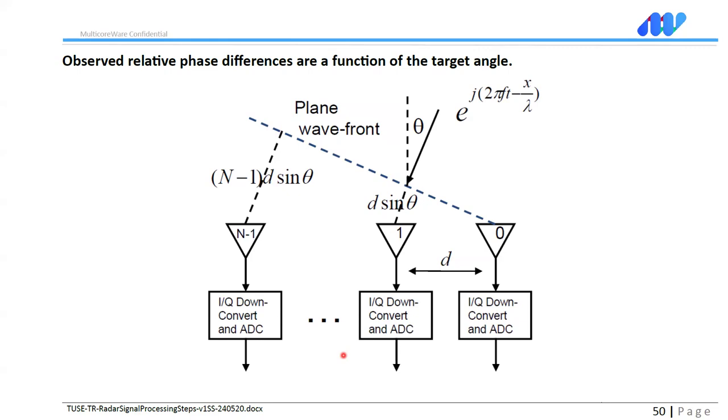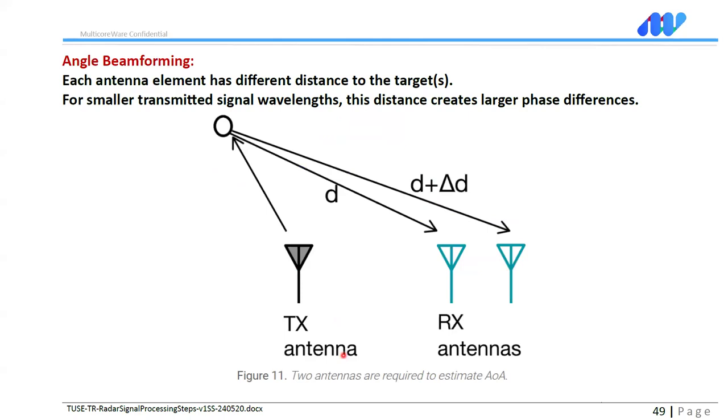That's another topic that we're going to be presenting. So angle beamforming, the objective is collecting different samples from each receiver. That could be physical receiver or virtual receiver. And we measure the phase difference. Phase difference allows us the estimation of angle of arrival of each target.